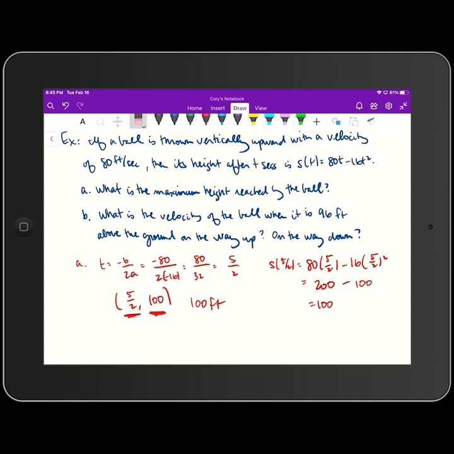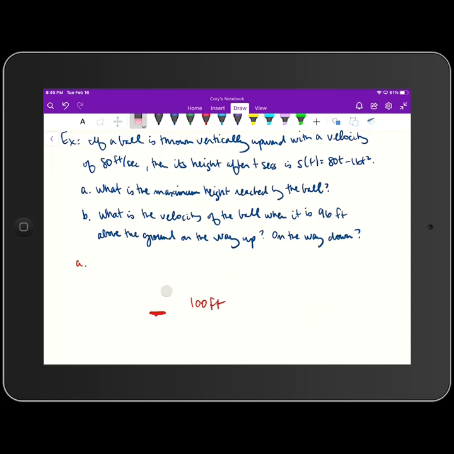Okay, so let's look at how we can do part A utilizing calculus. I'm going to go ahead and get rid of this. If I want to use calculus, think about the ball being thrown upward.